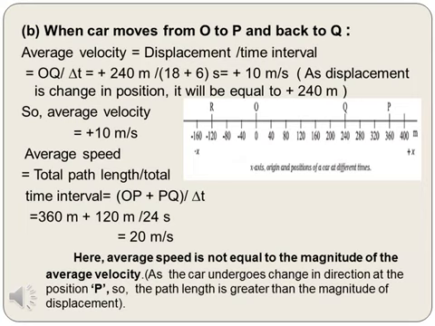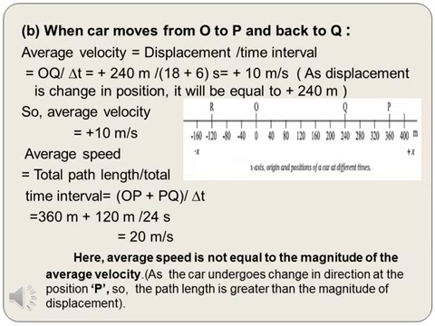And in the second case, when the car moves from O to P and back to Q, the average velocity is equal to displacement divided by time interval. As shown in figure, the displacement is OQ.